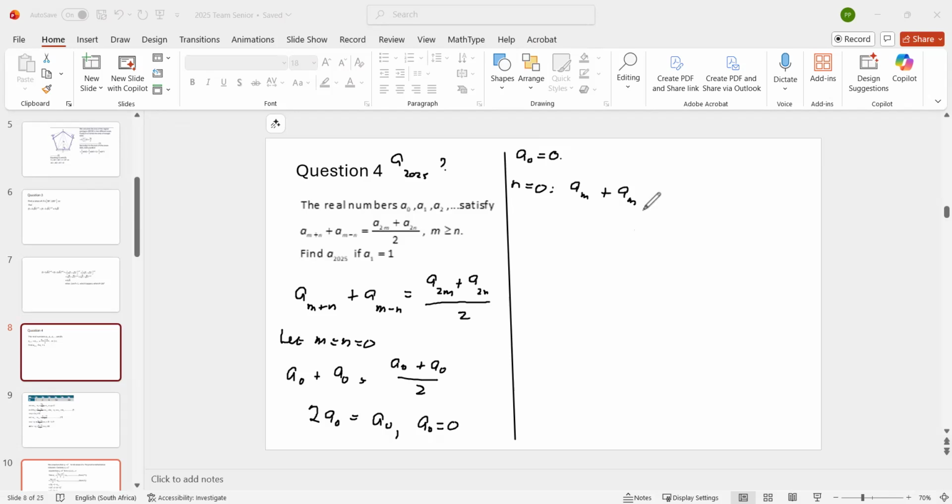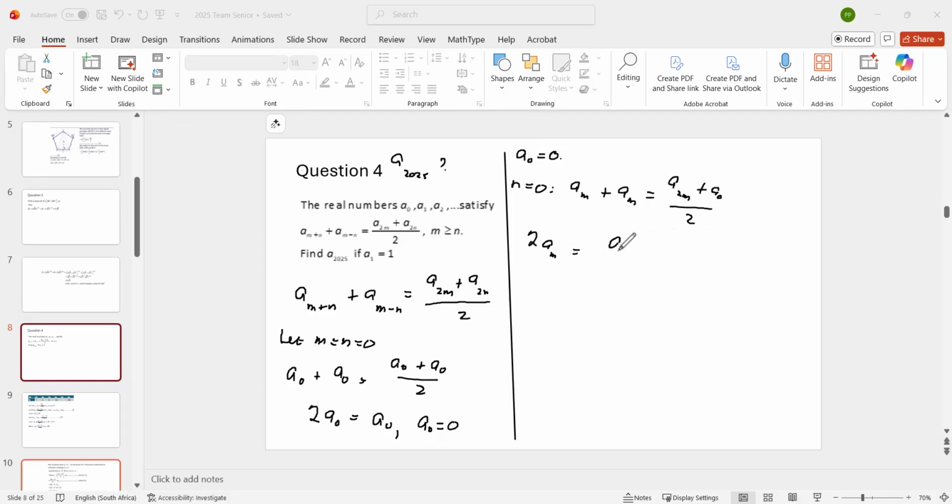The n is 0, and here you have a_2m. N is 0, so you have a_0 over 2. All right, so on this side, you've got 2a subscript m. a_0, remember, is 0.